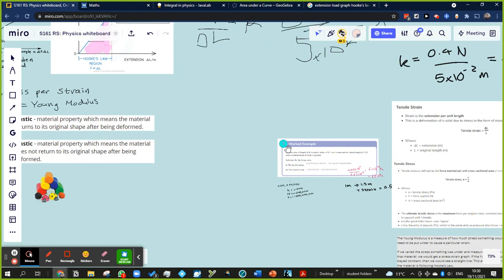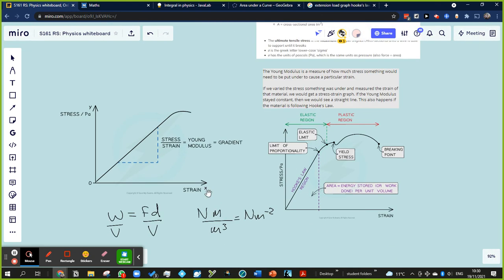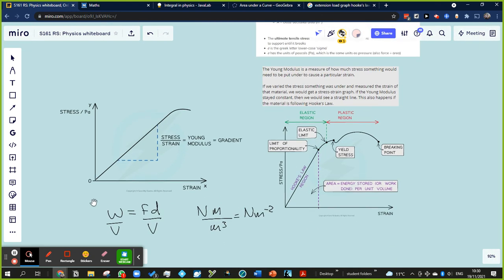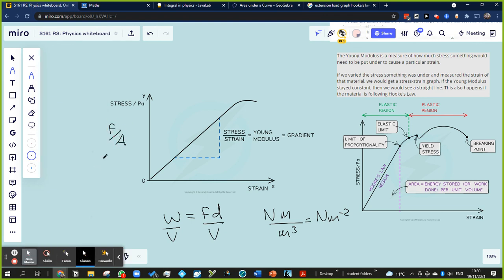And when you go on to learn about stress and strain, you can also calculate the area underneath that graph. So what would that be? Well, we know that stress is force per area, so the unit is going to be newtons per meter squared, or pascals if you like, and that strain doesn't have any unit.